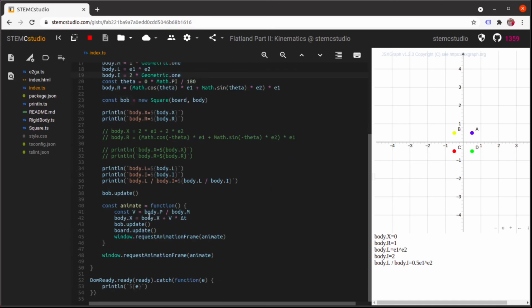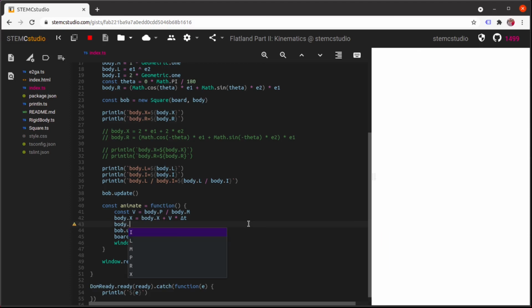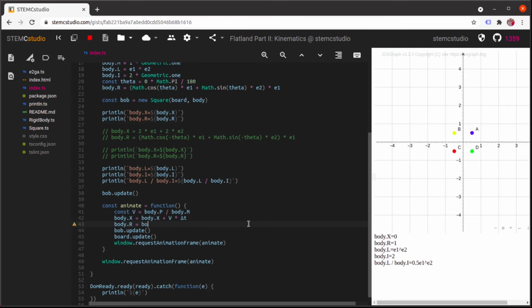So now what we need to do is perform an update of our rotor. Recall the formula for that is going to be body.r equals the old body.r, plus this part, which is what we call r dot, the rate of change of r, and then we multiply it by this same delta t here.